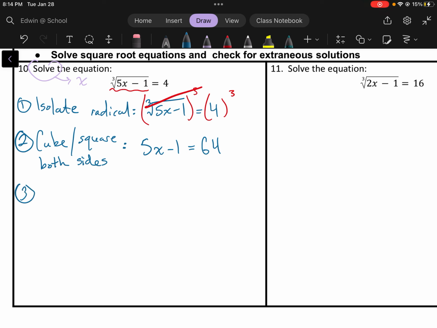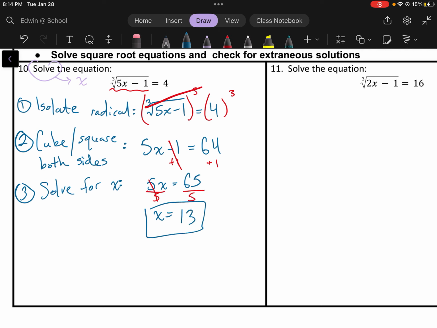And right here, it is as simple as solving for x. The way that we do that is we have to add the 1. 65. That means x is going to equal 65 divided by 5, which is going to be 13.